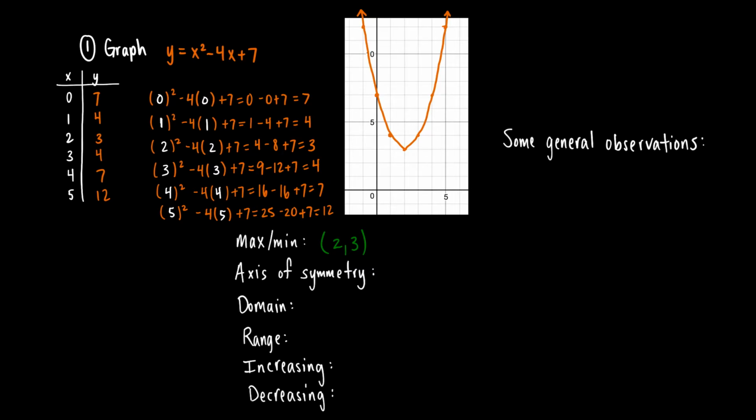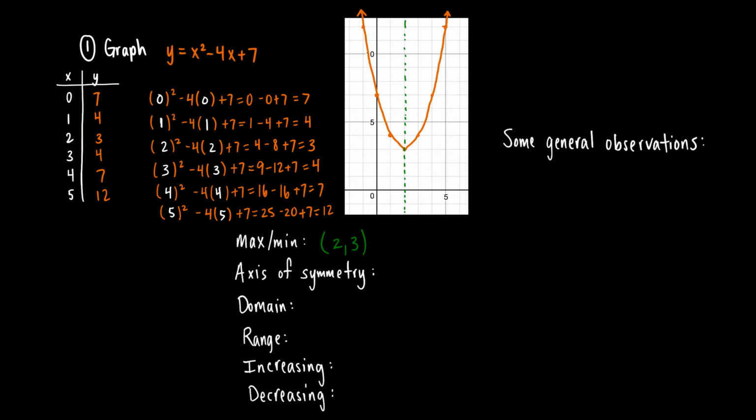The axis of symmetry, this is kind of cool. Every parabola has an axis of symmetry, and it's a line that goes right through the middle of it, right through the vertex there. By the way, this bottom point is the vertex. If it's the top point of a parabola, then that would be the vertex, but this one has a bottom. That's the vertex. This axis of symmetry is kind of almost an imaginary line that you can draw right through the vertex going straight up and down.